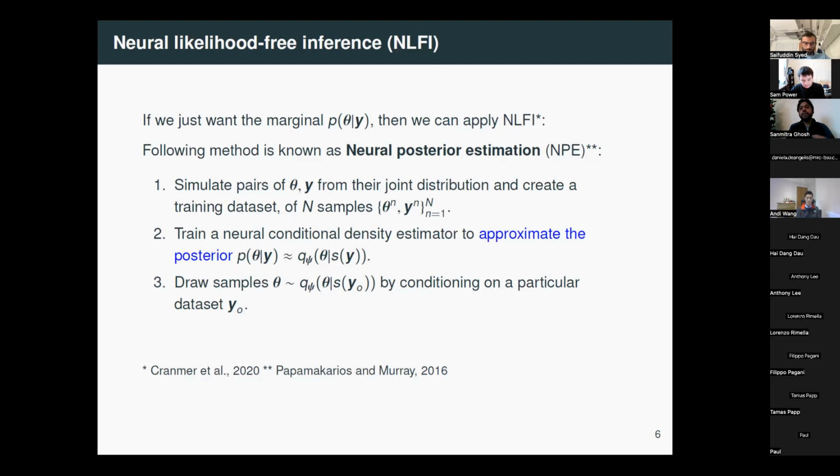And then we use some sort of neural conditional density estimator. Specifically, we can use normalizing flow, which we talked a lot about in the variational inference masterclass, but you can use other conditional density estimators as well. And once you train a density estimator on the simulated samples, then you can use it on a new instance of a data set to directly sample theta. Obviously, this is just a rough summary.